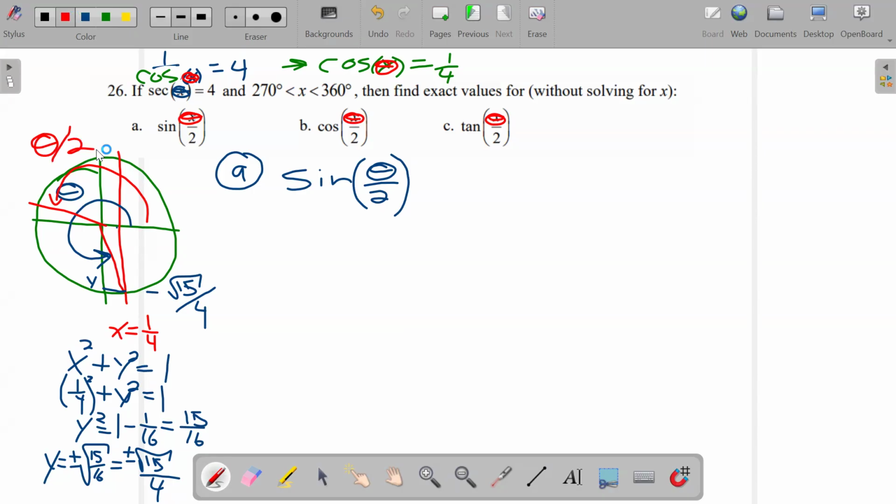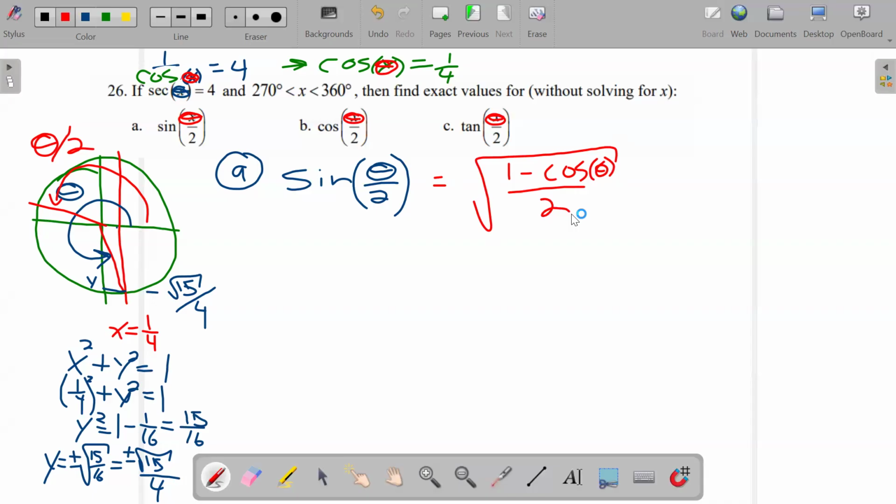And the sign in that region is going to be positive. So I'm going to get positive square root of 1 minus cosine of theta over 2.